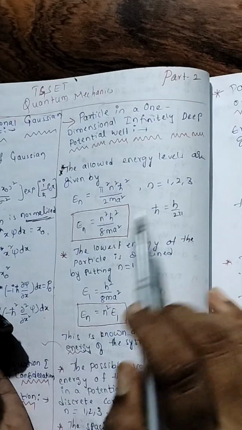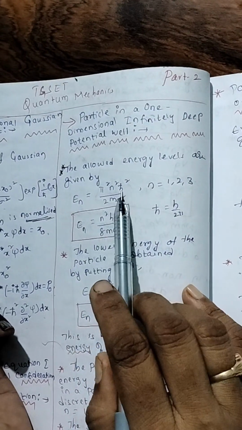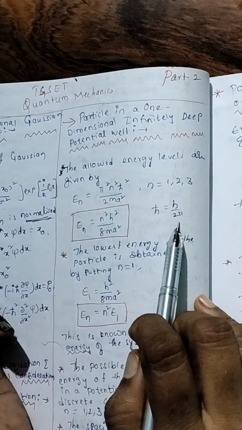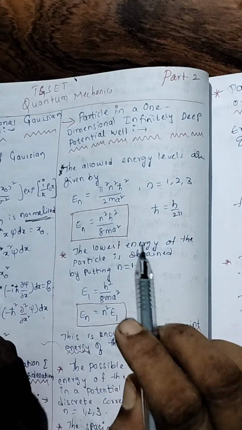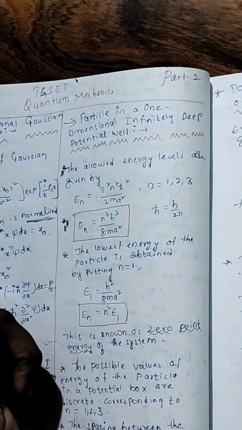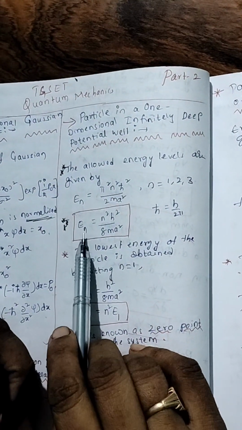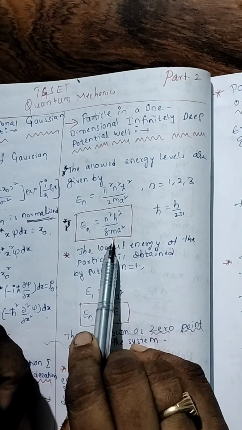Now in place of h cut we substitute h by 2 pi, and if we simplify, the energy level equation, most important, remember this equation: En equal to n square h square by 8 m a square.